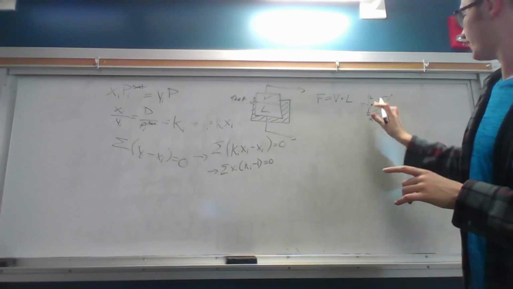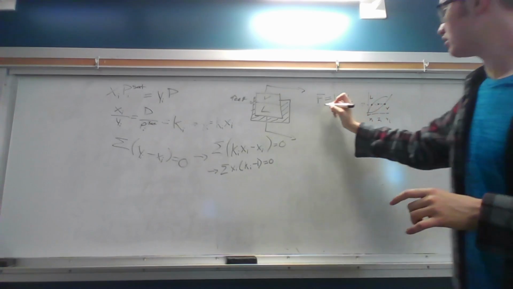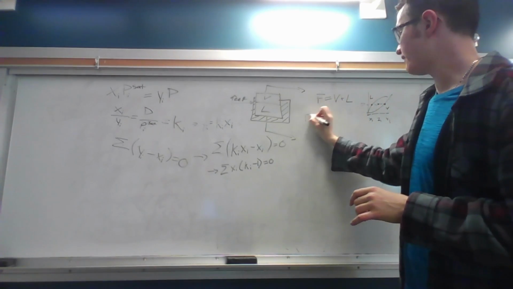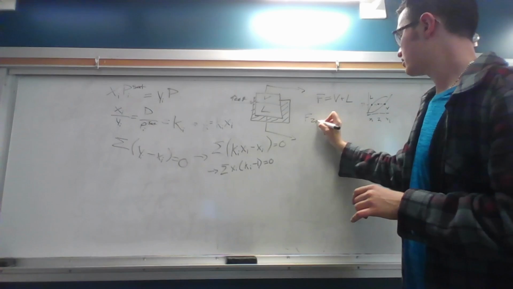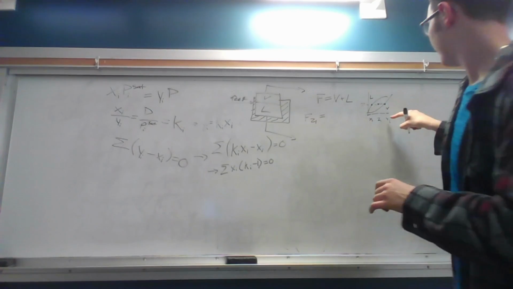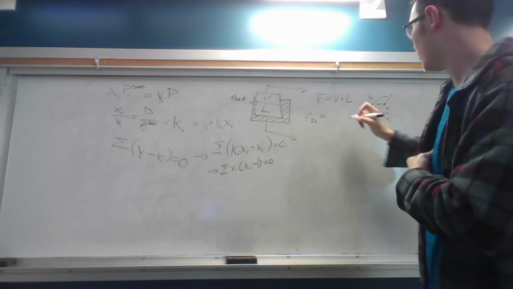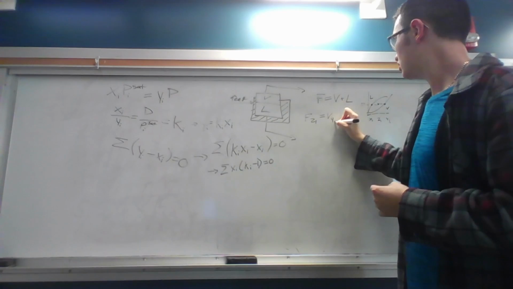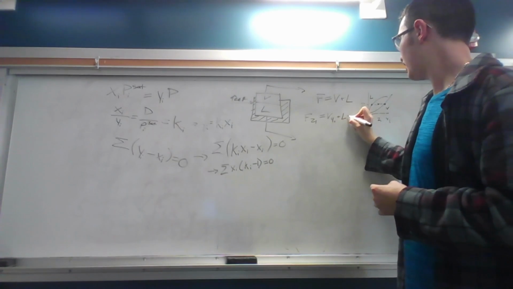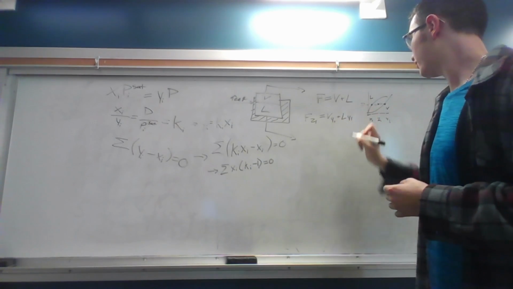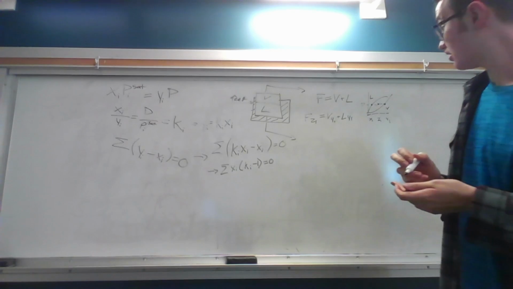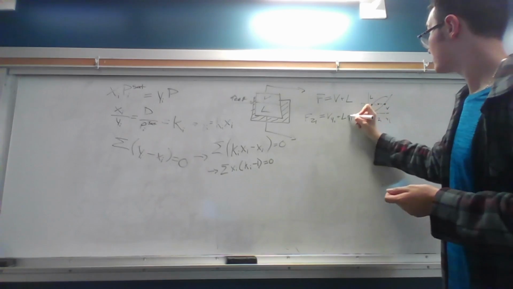So the total mole fraction Z1 multiplied by F equals, now vapor is going to match with y1, and liquid is going to match with x1.